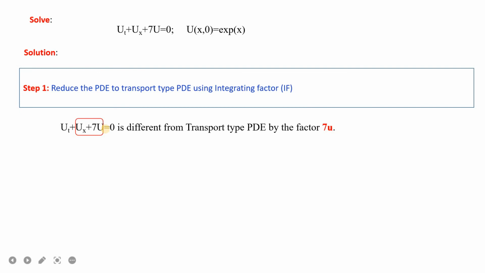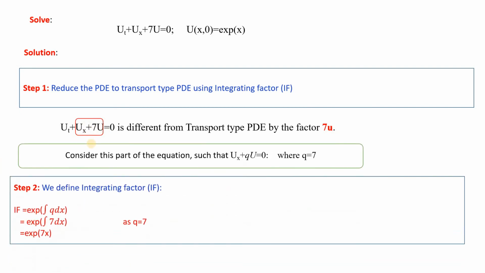In this case we are considering u_x plus qu equal to 0, where q equal to 7. We define the integrating factor as exponential of the integral of q dx, and as q equal to 7 we get e^(7x). This is quite similar to what we have already done for ordinary differential equations.